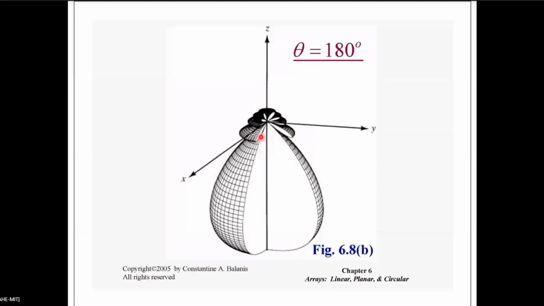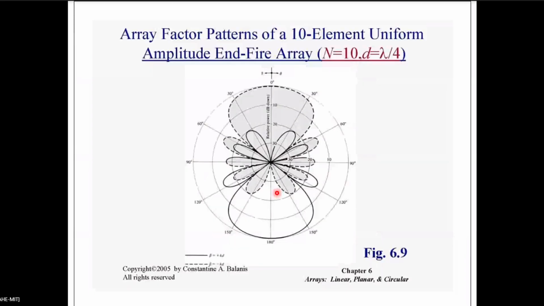See, first side lobe beam width is between this angle and this angle. So this is just a pattern. You can see this later. N is equal to 10, d is equal to lambda by 4.